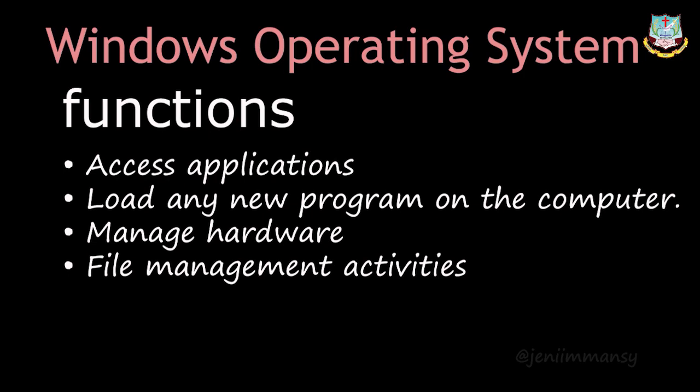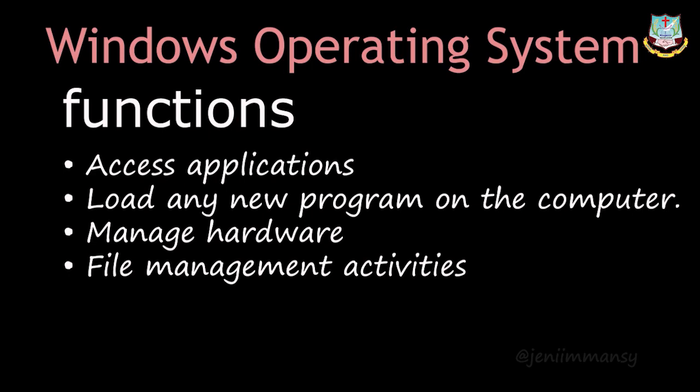Next one, manage hardware such as scanner, printer, mouse, any cameras or any devices which are connected to the CPU, right? File management activities like it will create, modify, save and delete files and folders also. Okay, change computer settings such as color scheme, screensaver, and some other icons, designs, and so many other functions are also available here in this Windows operating system.